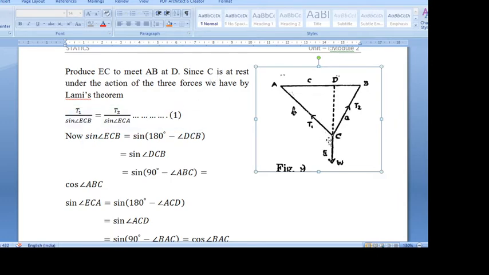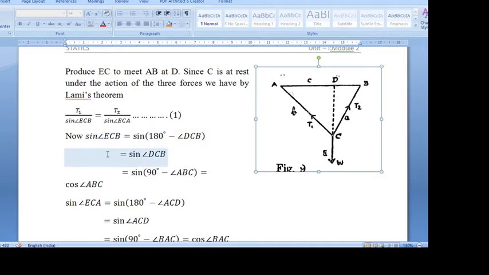That means the point C is at rest under the action of three forces. What are the three forces? The downward force W, the tension T1 along CA, and one more force, the tension T2 along CB. Therefore, there are three forces acting at the point C.